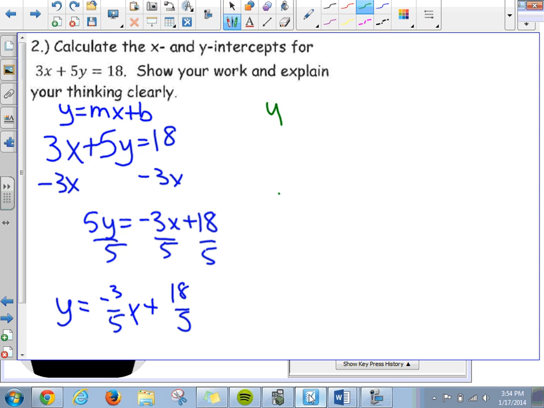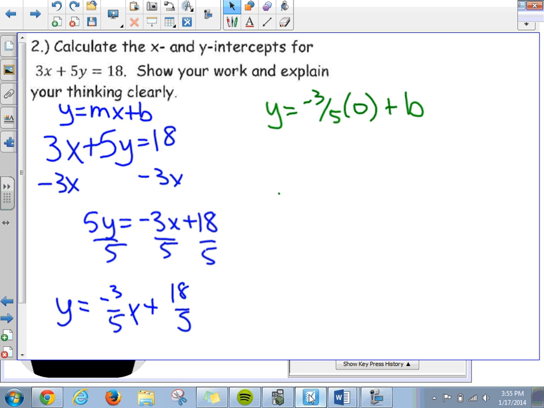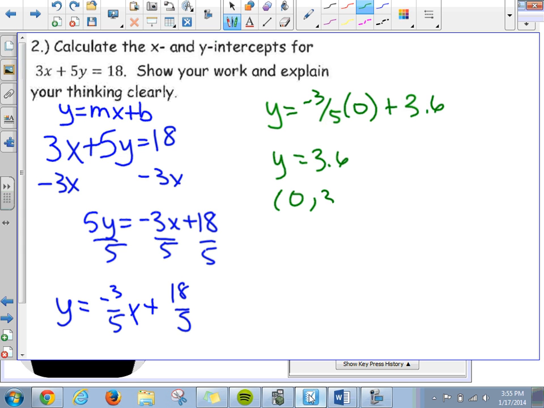So we can say y is equal to negative 3/5 times 0 plus that 18/5, which we discovered was 3.6. So when we plug that in, y is equal to 3.6. So we'll have our intercept at 0, 3.6.